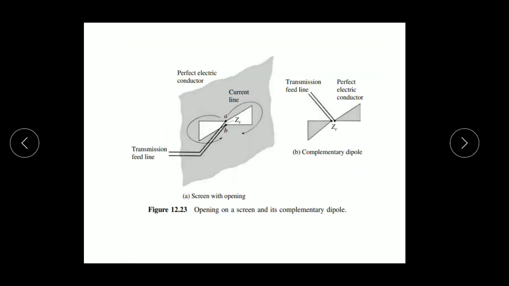Now we have another example: an infinite metal conductor where we cut an aperture. This is the aperture, which is the complement of the conductor. If we apply a transmission line feed at points A, B, the impedance of the aperture is Z_s and the impedance of the complementary structure is Z_c.